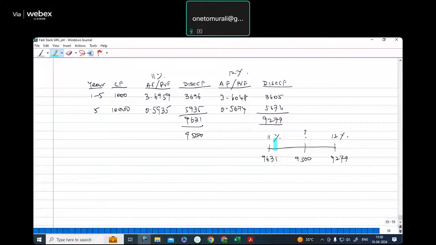Now, from here, transaction costs are not to be expensed; they are to be adjusted with the asset or the liability.